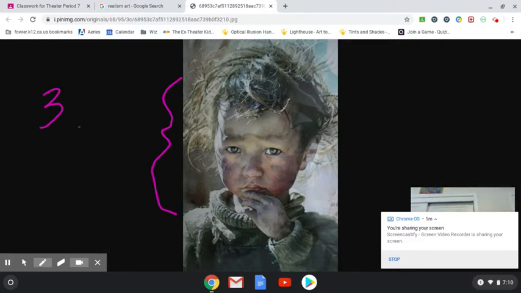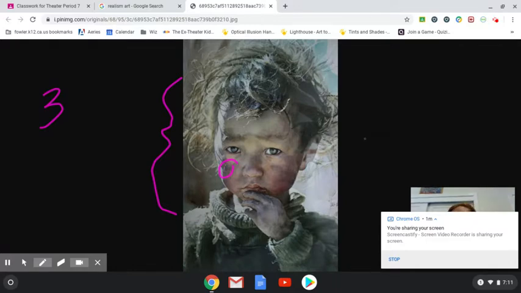And one of the images that we had seen was American Gothic, and that was a social realism picture. And I would say that this one is a social realistic picture as well, due to the fact that the child, and I kind of don't want to mark it, but I gotta, the child has a dirty face, and I would think of poverty.